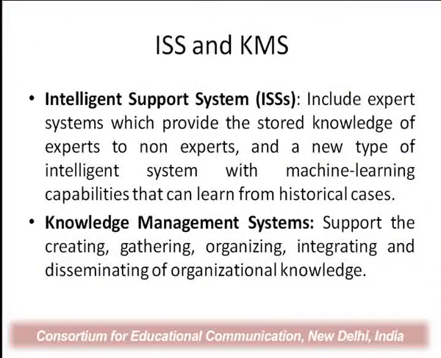Knowledge management systems are closely related to the intelligent support systems, because they also support the creation, gathering, organizing, integrating and disseminating of organizational knowledge. So all these systems have evolved from simple transaction processing to advanced intelligent learning systems to knowledge management systems.